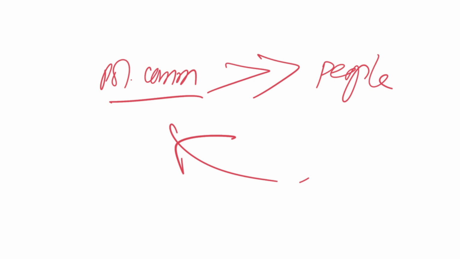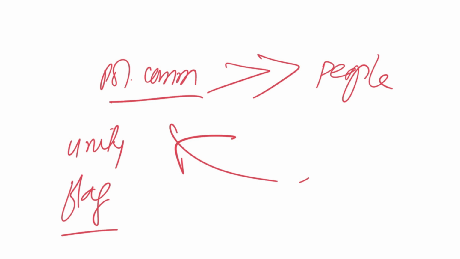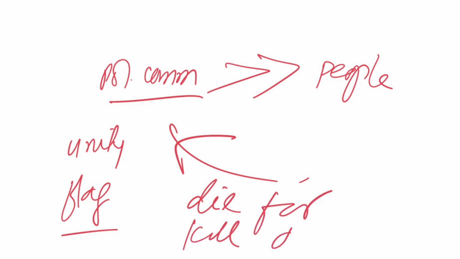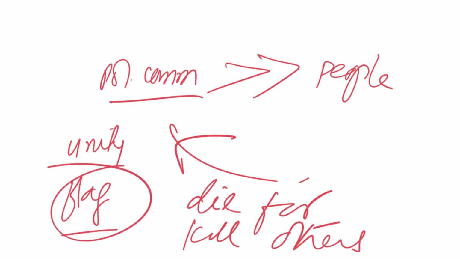Consent is the basis. So usually a political community is glorified, unity is glorified, flag is glorified, and people are asked to die for the flag, die for, which often means kill others. For what? For flag.